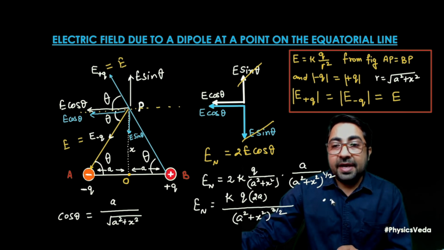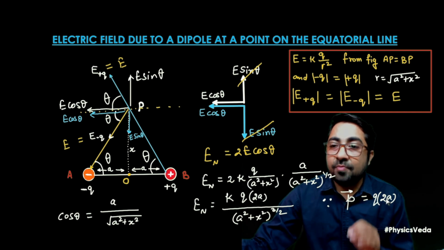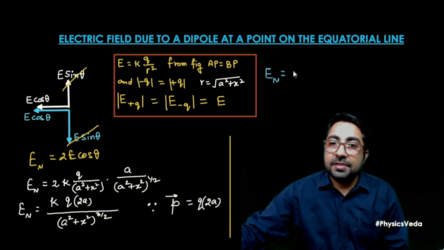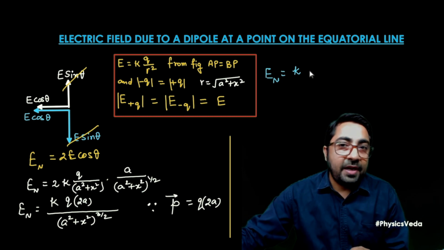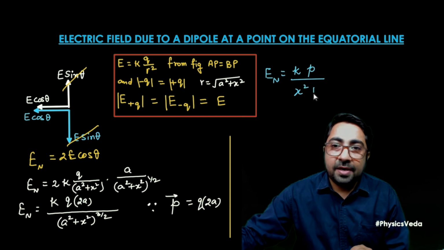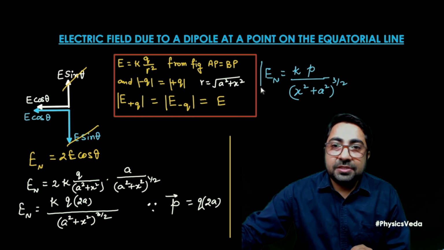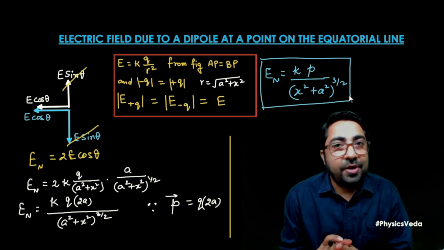Now since we know that the electrical dipole moment P is equal to Q into 2a, I can replace this value, and putting this value in the net electric field, E net at the equatorial point is equal to constant K, and I can write Q2a in terms of electrical dipole moment. So it is KP upon x square plus a square to the power 3 by 2. So this is the general expression for electric field due to dipole at equatorial point.